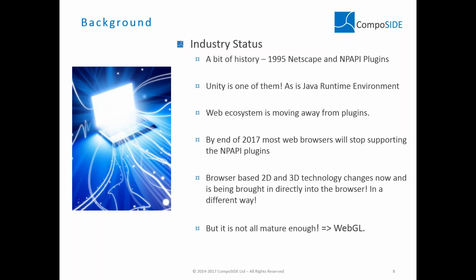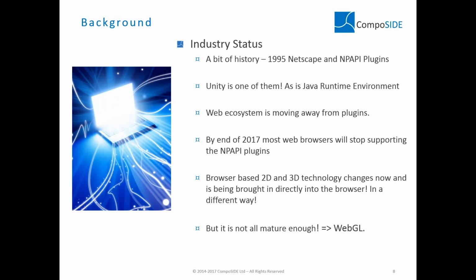Back in 1995, Netscape developed a technology called the Netscape Plugin Application Programming Interface, and we'll call them the NPAPI plugins, which basically is used to run the Java environment and the Unity environment. As those of you who already manipulated CompoSIDE have seen, Unity is a plugin that we use for the management of our 2D and 3D geometry through the two modules, section space and FE space.